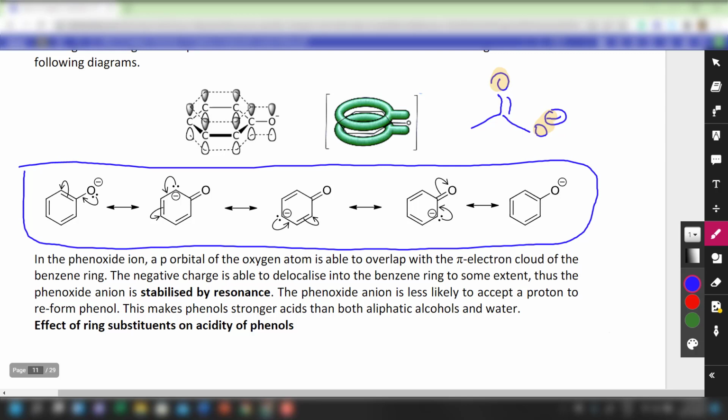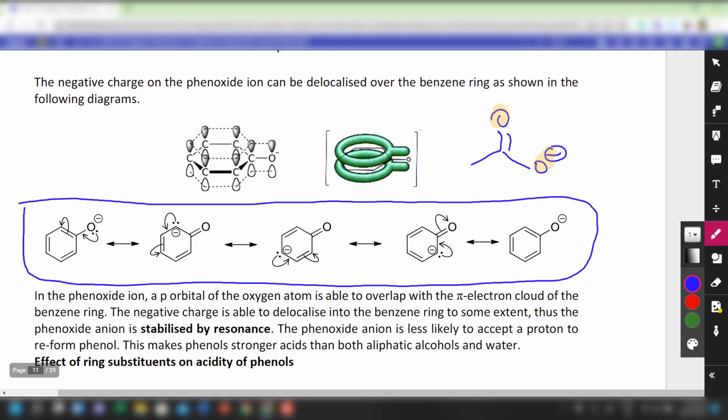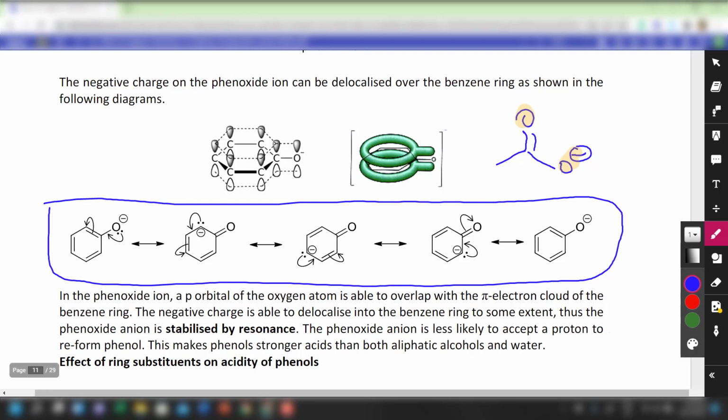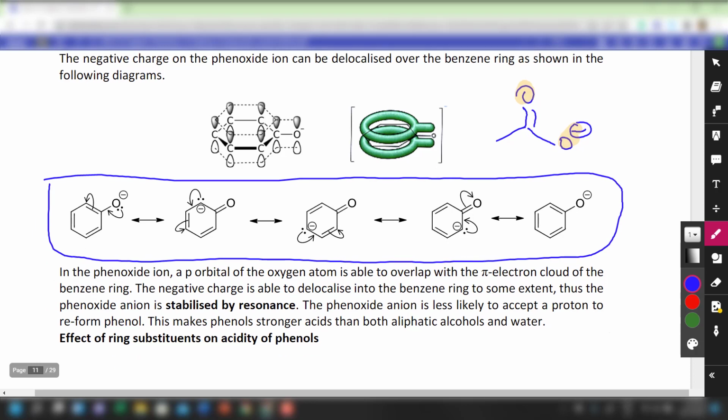Basically, the drawing of all these resonance structures simply showcases how the negative charge is delocalized into the benzene ring. The drawing of resonance structures is a way to compensate for the lack of a proper representation of a delocalized electron cloud on paper. If you are interested in this, you can explore some of the H3 content which I put up, or you can read more from the textbooks.